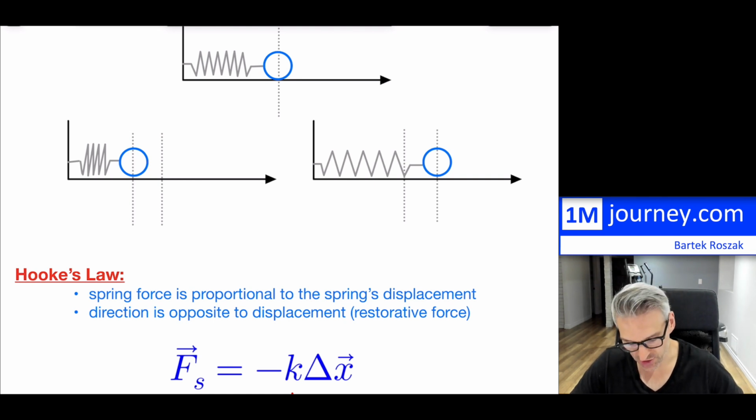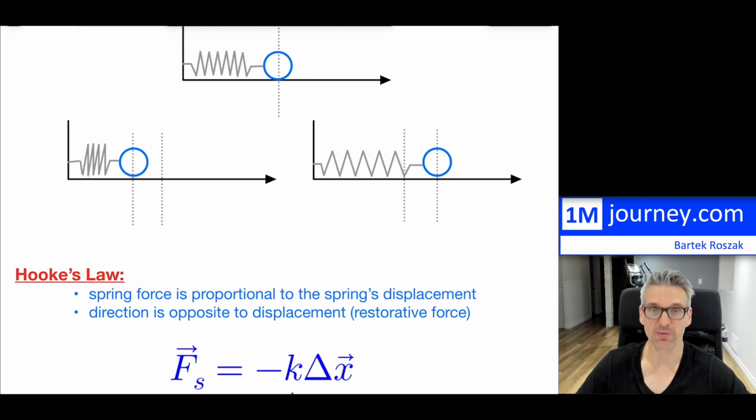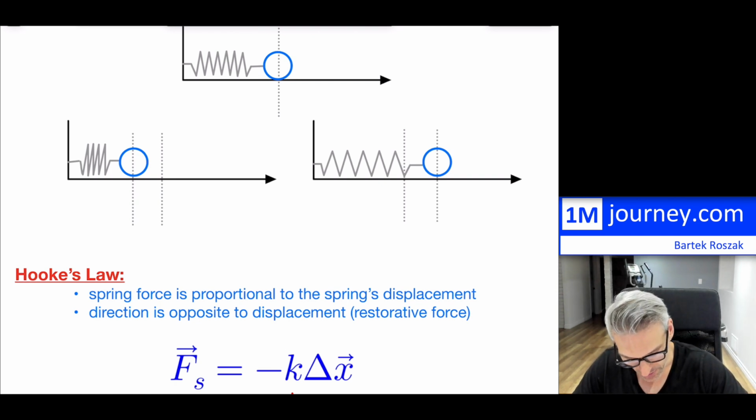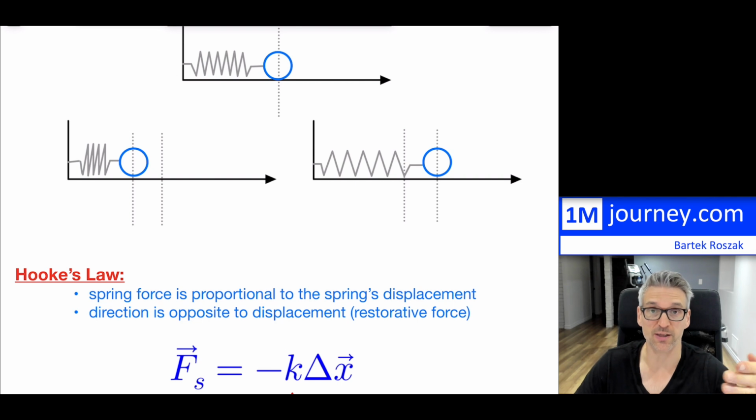So the direction is always opposite to the displacement, and we call it a restorative force. It is always proportional to the spring's displacement. If the displacement is very small, then the force proportionally will be very small. If you stretch it out further, then the force proportionally will be bigger.